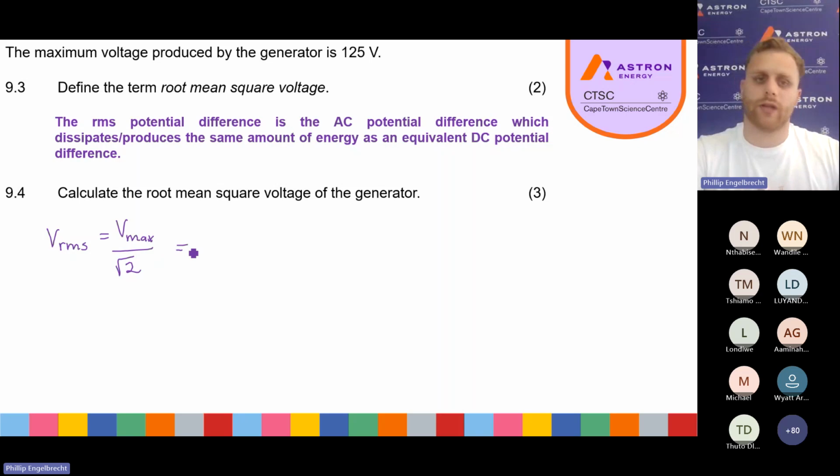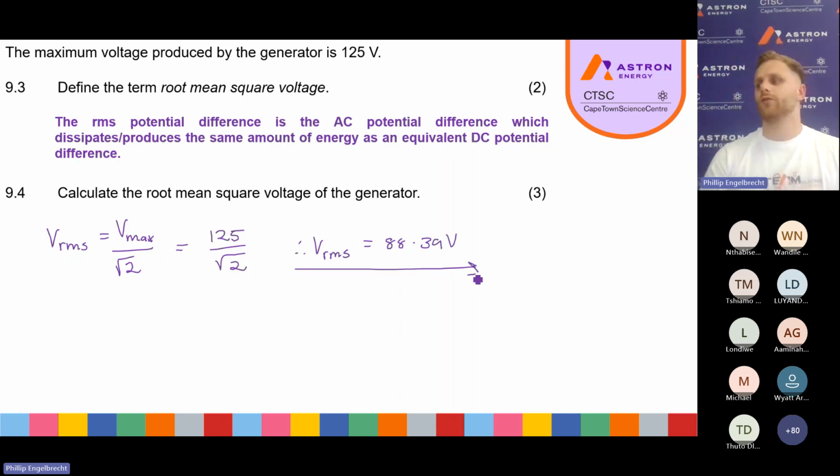That becomes 125 over square root 2, and therefore my VRMS is simply equal to 88.39 volts. Done. There's your answer, an easy 3 marks.